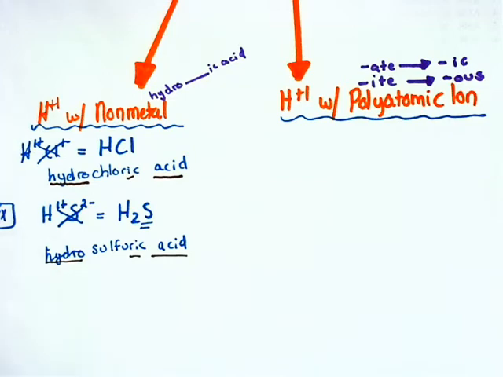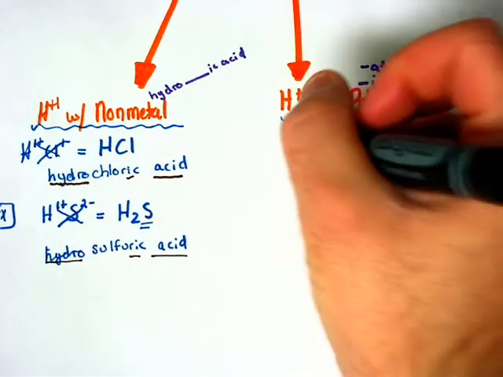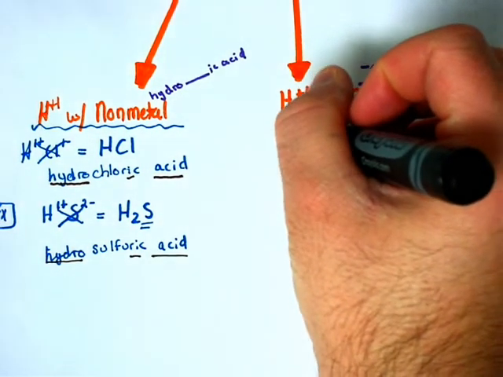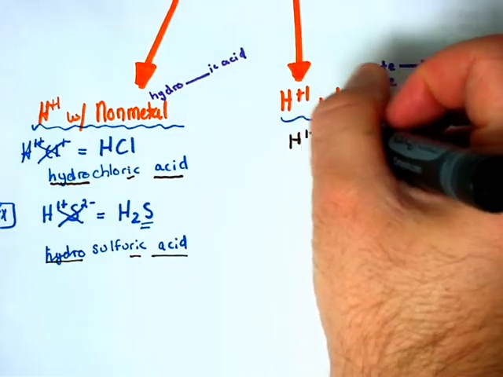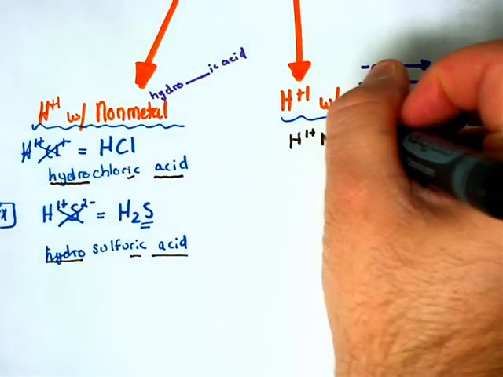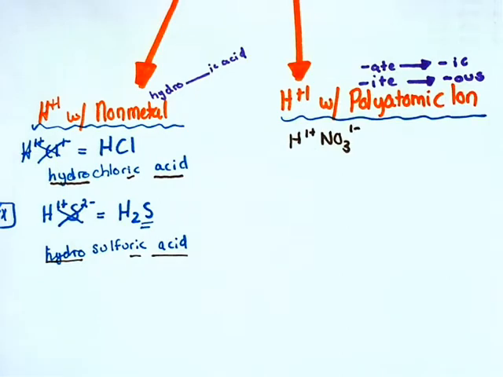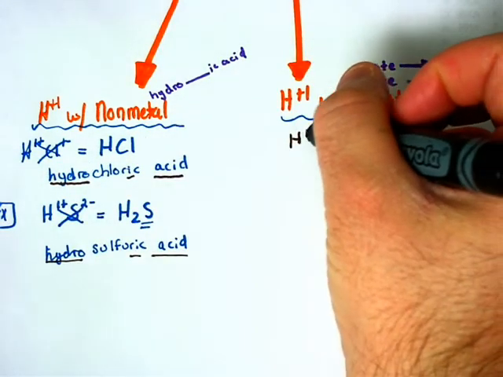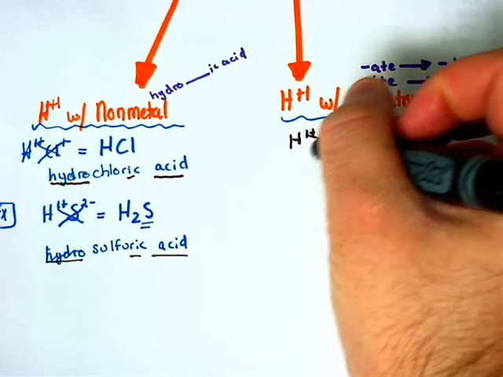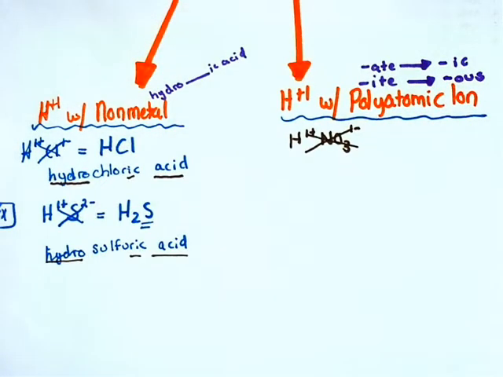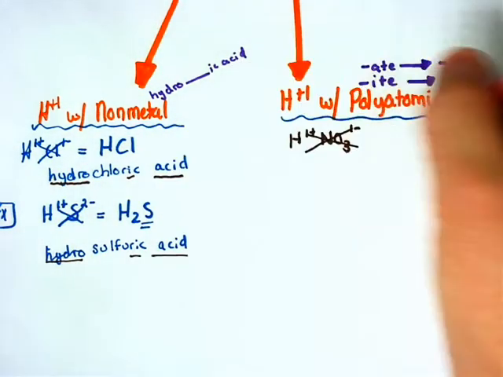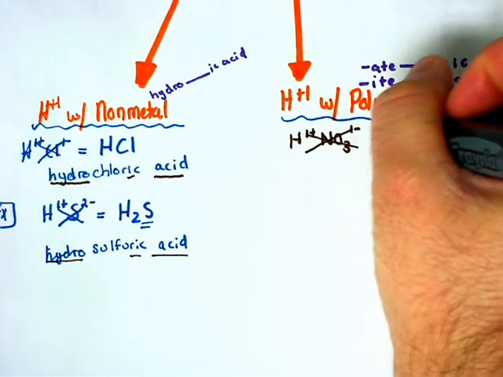Let's look at this example real quick. I'll give you one. Let's put H with NO3. The charge on NO3, nitrate, is 1 minus. So when you bring these numbers down, you get just HNO3.